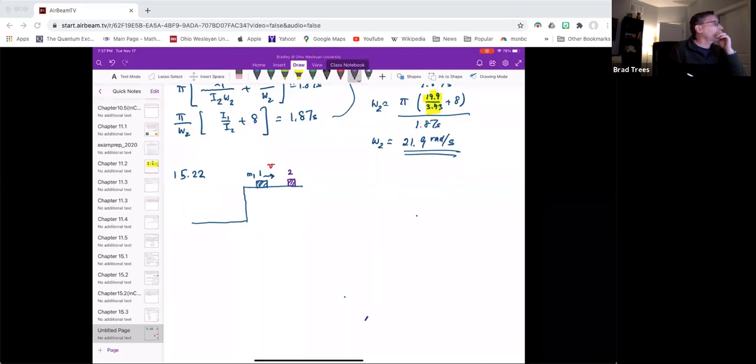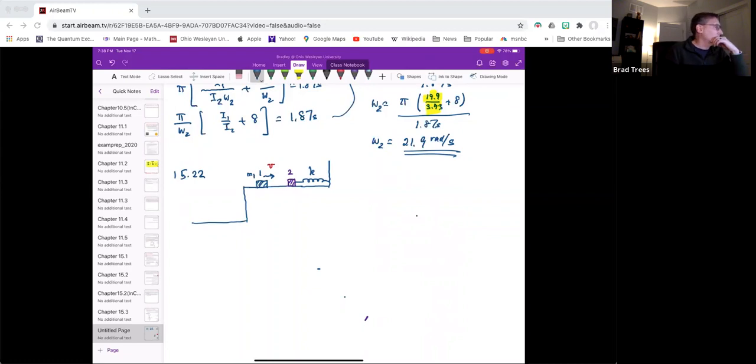And they don't tell me its mass. That's interesting. But they do tell me that block 2 is attached to a spring of spring constant k, and they do tell me k. We are to assume that that spring does not affect the collision between the two blocks.